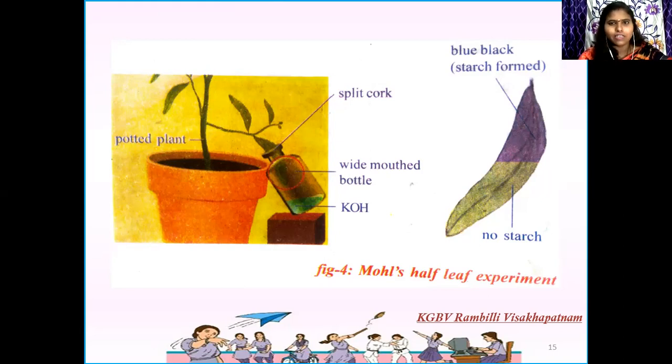Already we discussed it in essay questions. Observe the diagrammatic representation. Here: split cork, potted plant, wide-mouthed bottle, KOH. While drawing this diagrammatic representation, we have to take minute care. Many students I have observed, while drawing this diagram, keep the KOH solution touching the leaf.